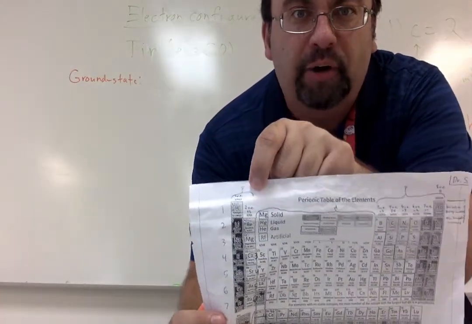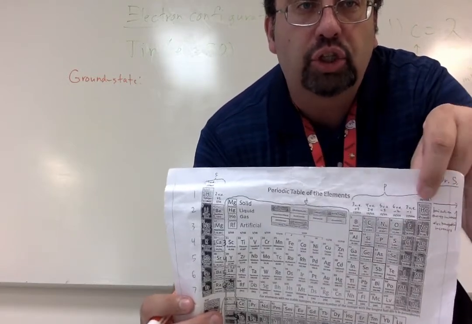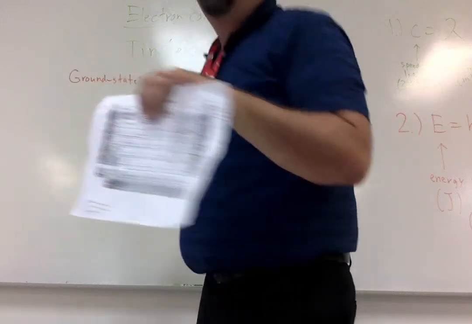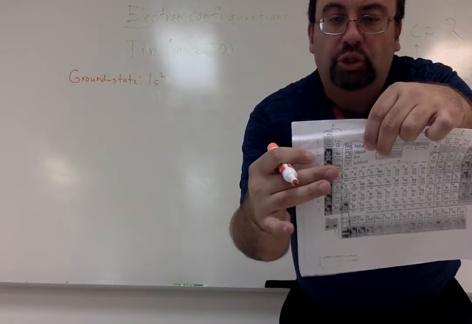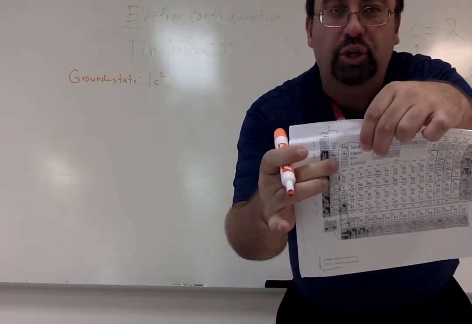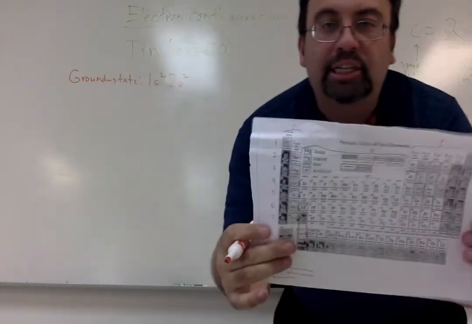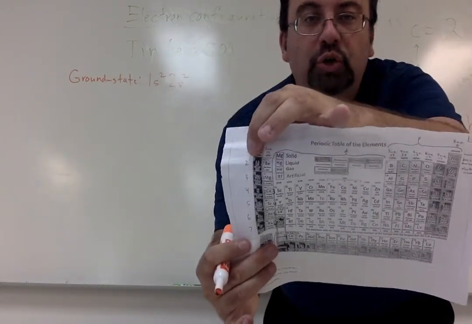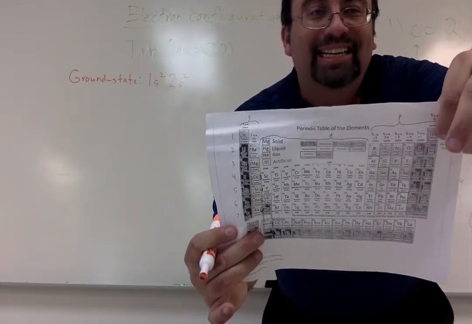So we start with 1s, 1, 2. That takes us to helium. 1s2. Next, we go up to the second level, and then we go 2s, 1, 2. Then we're still in the second energy level, and so now we have 2p, 1, 2, 3, 4, 5, 6.